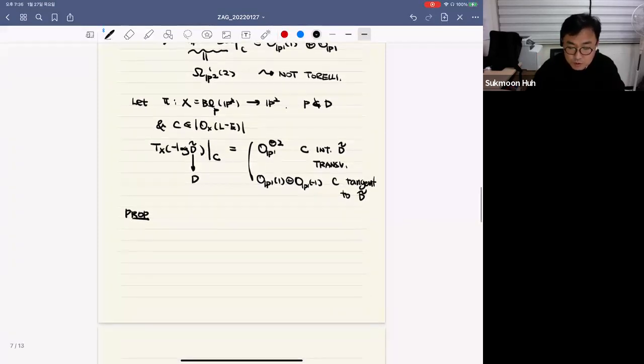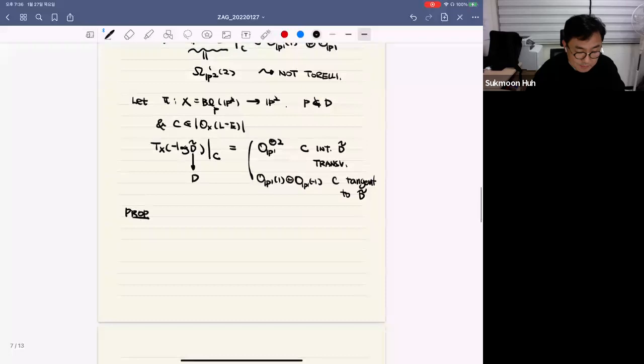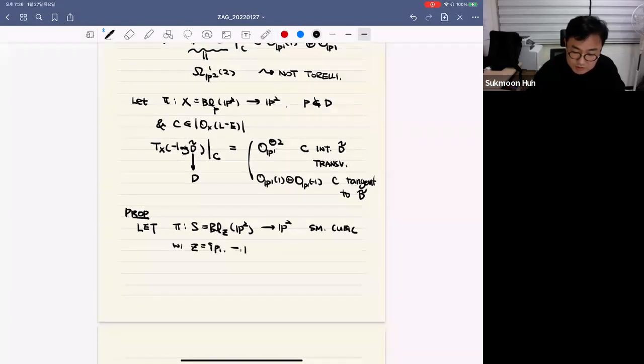It is true for 3 points of blow up, but for later use, let me blow up at 6 points. So let's consider a smooth cubic surface S obtained by blowing up P2 at 6 points in general position, say Z, right? It's a smooth cubic, with Z being 6 points P1 to P6 in general position.